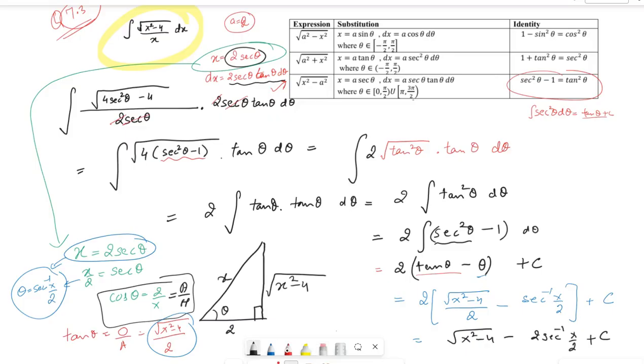Let's write it correctly. This is your final answer. Your final answer should be in terms of x. Don't leave the question here, or you can lose some points. So your final answer should be in terms of x.